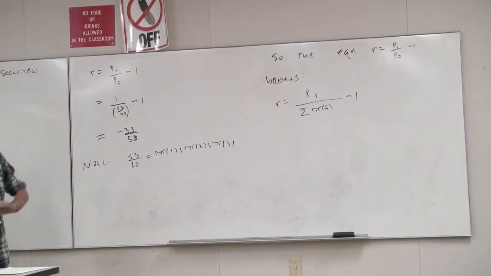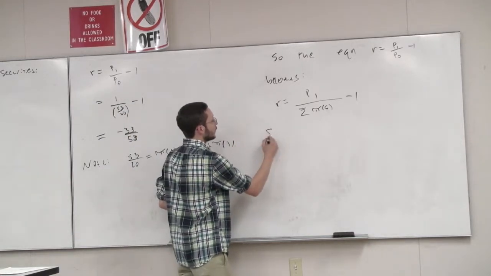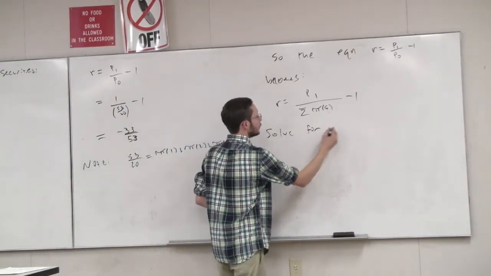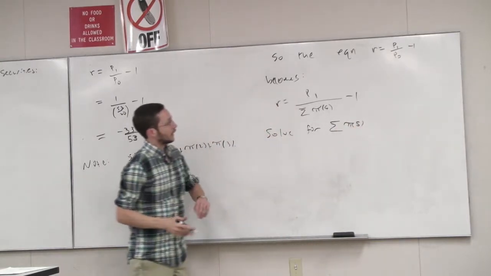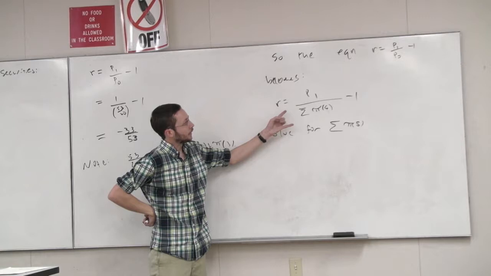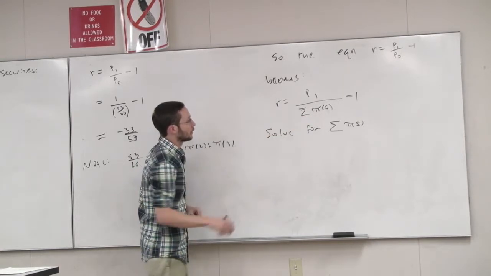And so what we can do is, let's go ahead and solve for the sum of the arrow prices. I'm going to skip the algebra here, but I'll at least say it out loud, right? Add 1 to both sides, multiply by the sum, and divide by 1 plus r.